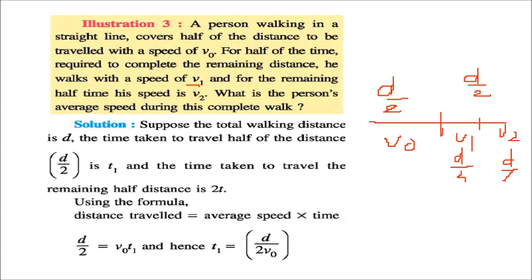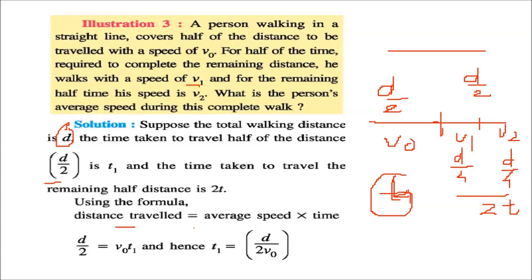So you have to compute the average speed. Let us say the total distance is d, so half distance is d by 2, and t1 we take as the time taken by the first distance, and we take the other as 2t. Why? You'll just know. This we took as t1, this we took as t2.